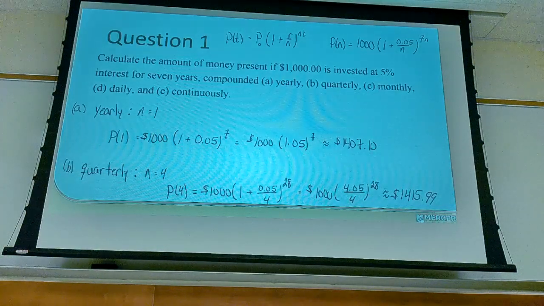If it's quarterly, it's 1.3 per quarter? No, this is over 7 years, so you have a total of 28 compounding periods. You were thinking of 1 year. Which is why the exponent is 28. That's the total number of periods you have over the life of the account.